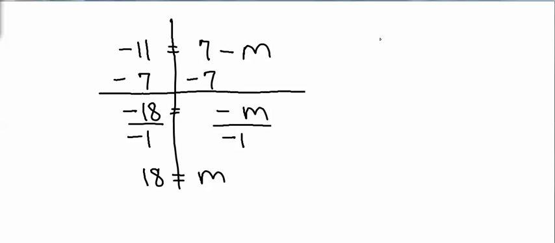How about a variable in the numerator and a whole number in the denominator? What's being done to the variable here? It's being divided, right? What's the opposite of dividing, Hope? So what would you multiply each side by? 3. Very good.